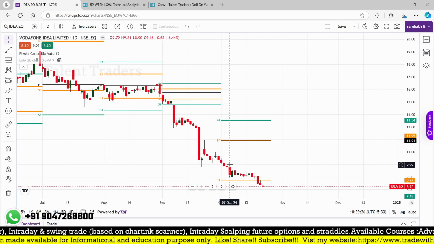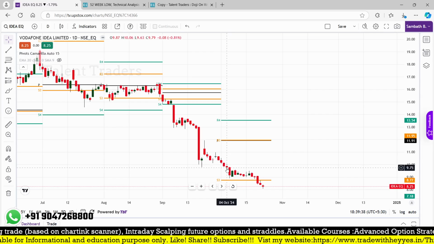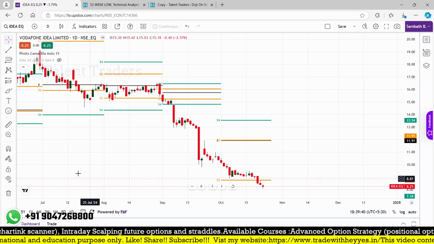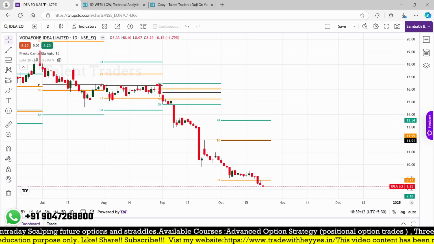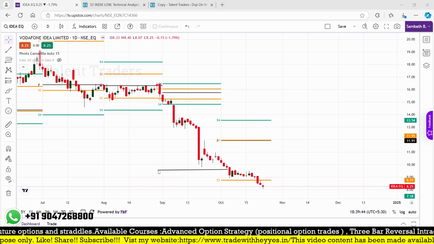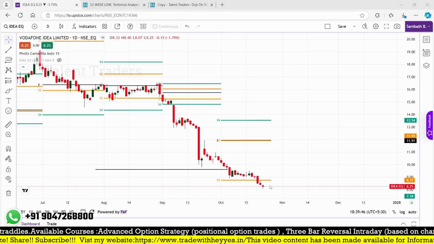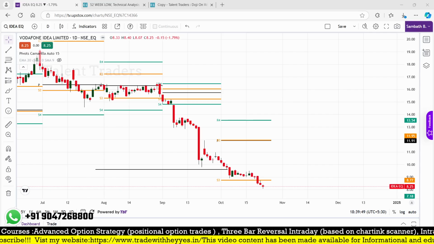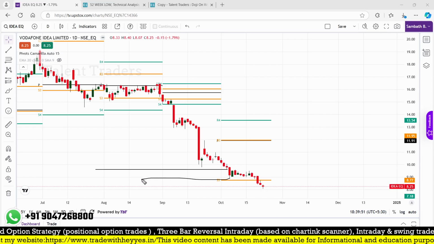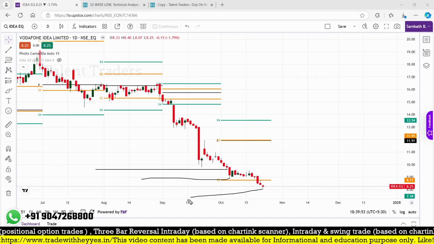Yes, this one is the 410. This is the lowest compared to the previous levels. So this is the 52-week low, but the next day is a new 52-week low, and now it is also a new 52-week low.